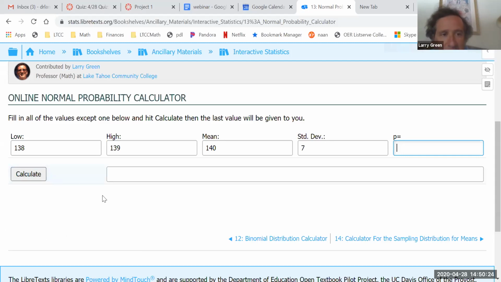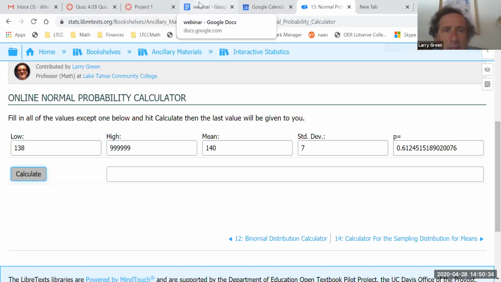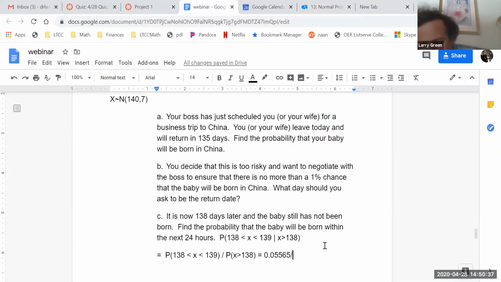Yeah, so what changes is the high now, put a bunch of 9s in. And now we can calculate and you get 0.6125. Any questions on that?